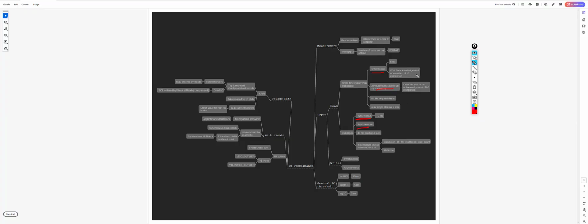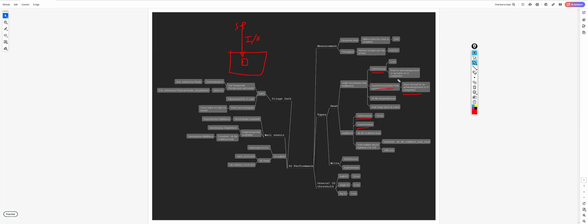What is synchronous? Synchronous means wait for an acknowledgement of an IO completion, and asynchronous means does not wait for an acknowledgement of IO completion. For example, say there is a block on the disk and the server process is trying to read this block, so it is issuing an IO.